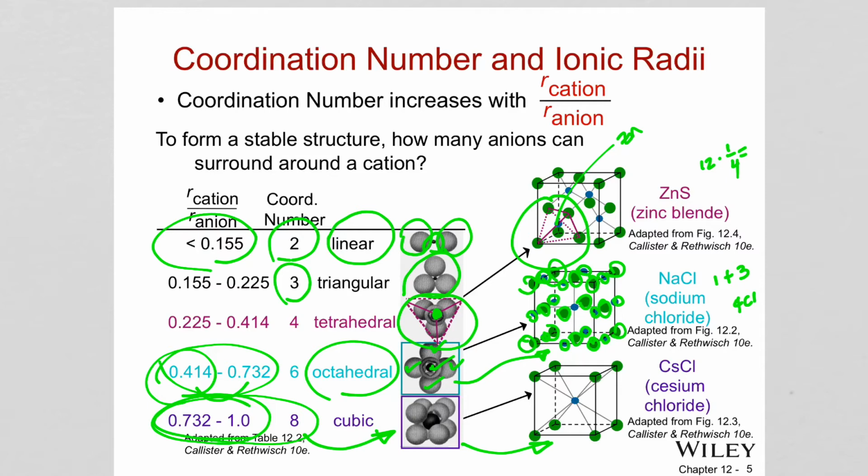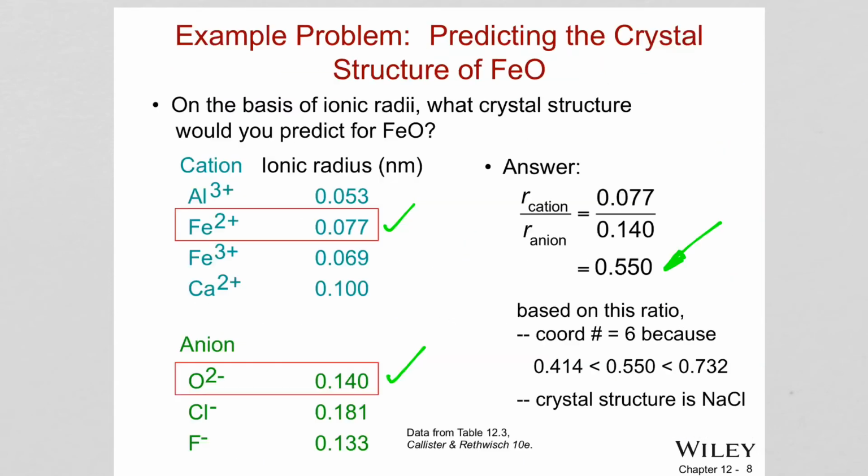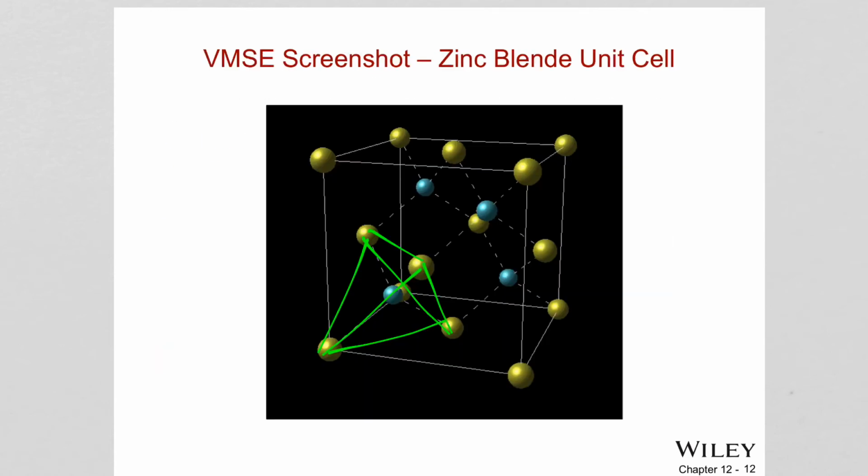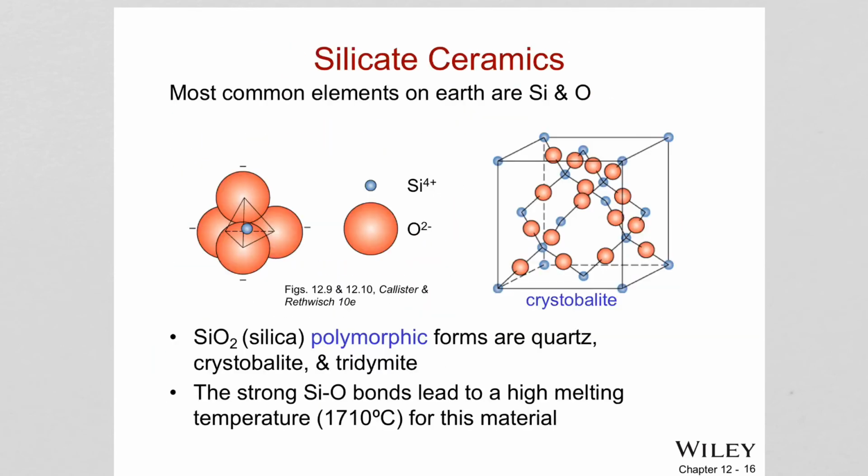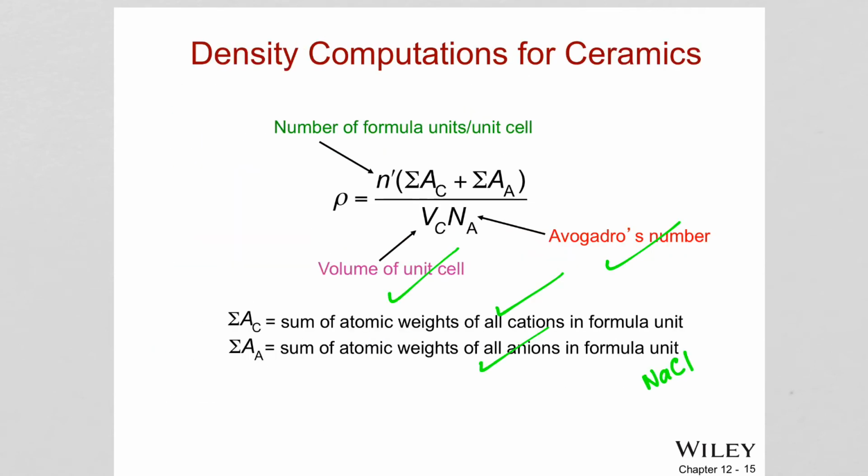So that makes 3, and there is 1 at the center. So 3 plus 1, 4. So 4 sodium, 4 chlorine makes sodium chloride. How many of these? 4 of these, right? 4 of the sodium chloride. So how many formula units per unit cell? 4. So we go back now here. All right, we figured this one is 4.